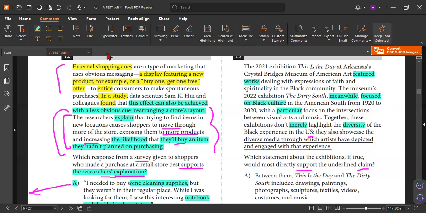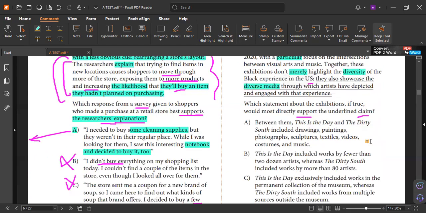That means these exhibitions focus on the diversity and showcase diverse media through which artists have depicted and engaged with that experience. So they focus on what? Diverse media. We need evidence to support this claim. So we need an idea related that they show, they used, they featured diverse media. Yes or no?